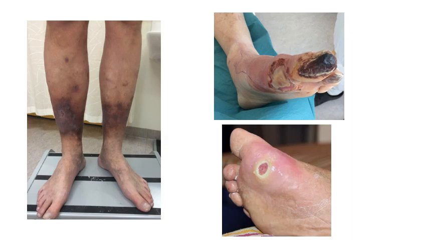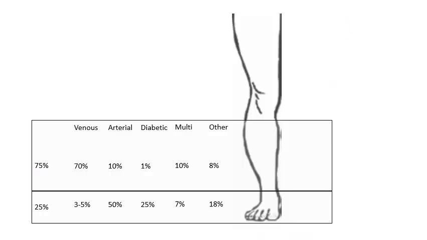Here are a couple that we're going to talk about. Here we see the whole circumference of the leg, so you start thinking venous. Here, pressure point by the metatarsal, immediately start thinking of diabetic wounds. And this could be a combination, or it could be strictly arterial, but we'll look into these.